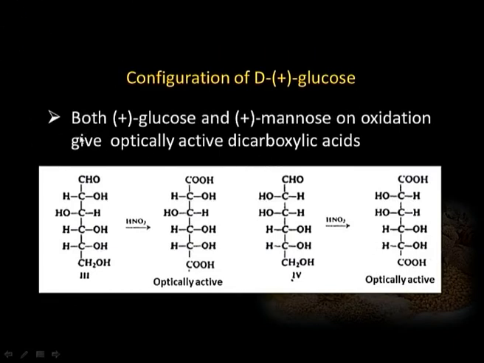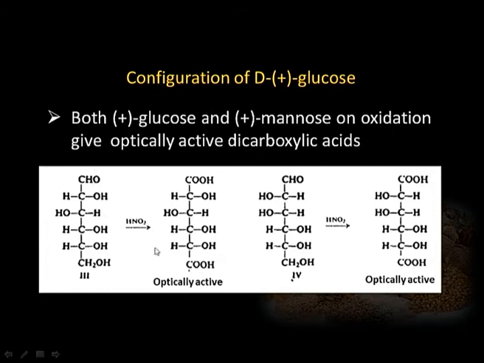Now, the next step: it was observed that both plus glucose and plus mannose on oxidation give optically active dicarboxylic acids. Means individually, when these two compounds are oxidized, both give optically active dicarboxylic acids, and we said that both form a pair, either 3 and 4 or 7 and 8. This is structure number 3 that we have written.